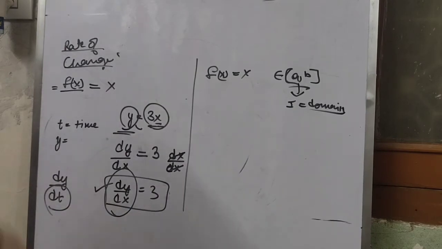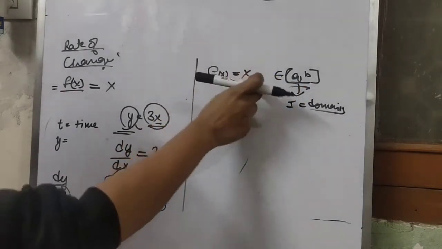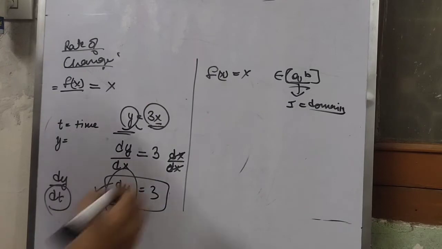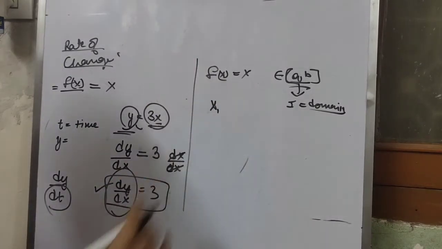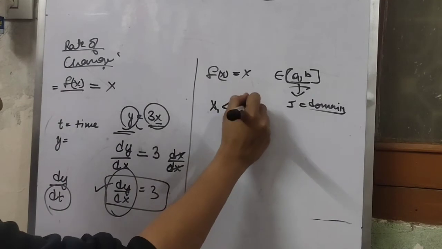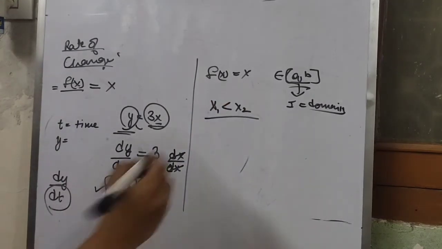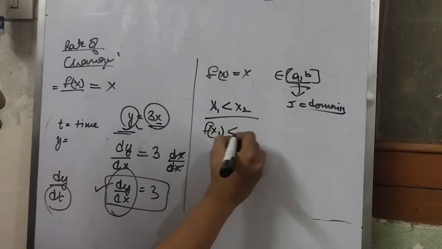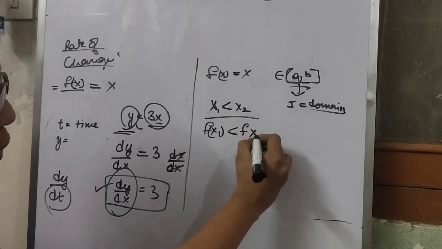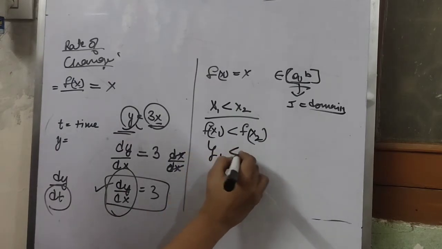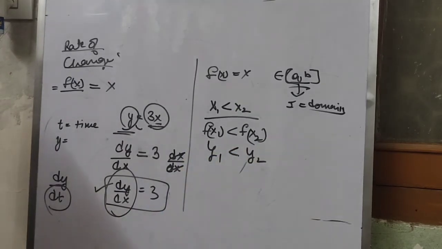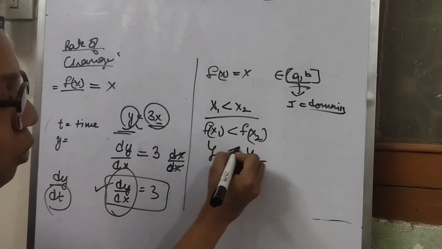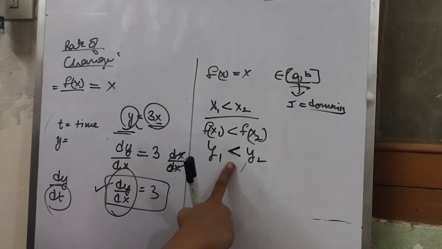First of all, I'll take two values, x1 and x2, where x1 is less than x2. If I find that the functional value of x1 is also less than the functional value of x2, that is y1 is less than y2, then I will say that my function is strictly increasing. What does strictly increasing mean? Whenever I have only the greater than or less than sign, I'll say it is strictly increasing or decreasing.